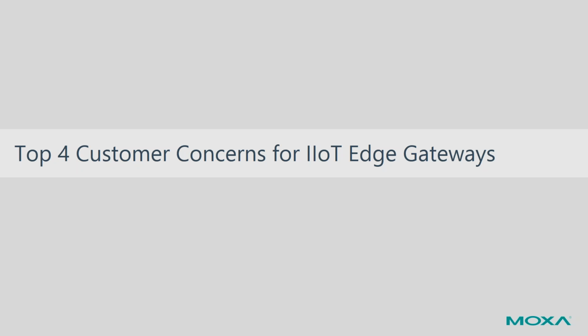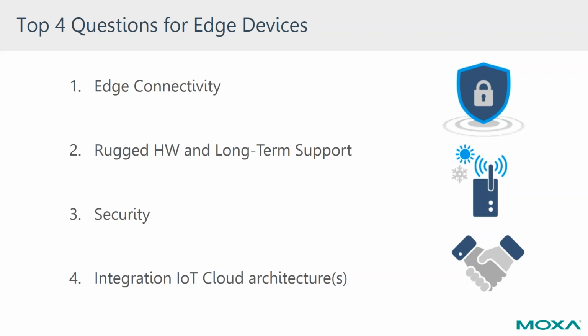Okay, so let me move on to the second agenda topic here, and we can really get into a little bit more details into some of these IoT solutions. So the top 4 questions for edge devices. Sorry, I needed to advance the slide there. I've been doing this for quite some time, worked with many customers, and we try to do our best to categorize the different types of questions that come up when you look to select an IoT gateway or a smart edge device.